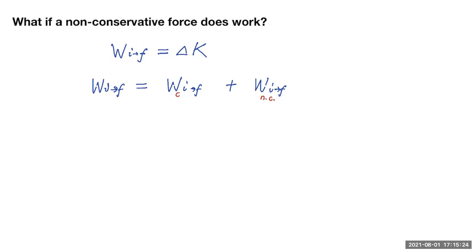Whereas with a non-conservative force, you cannot express its work to be the difference between initial and final potential energy. So naturally, what we want to do here is to separate the work done by these two forces into two separate terms. The first term is the work done by the conservative force, and the second is the term of the work done by the non-conservative force.